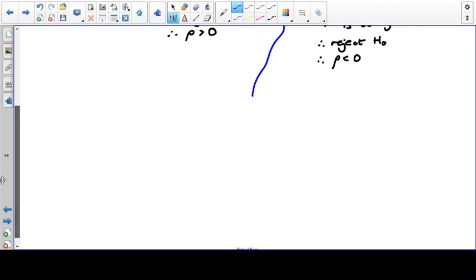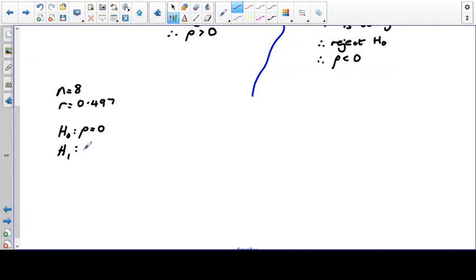Okay, I'll show you another one. Let's say you take a sample of 8 and this time the PMCC you get is 0.497. Okay, so it's moderate positive. So you want to test to see if there is positive correlation.